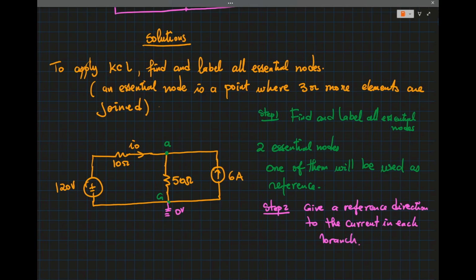We know I0, that's given to us. I'm going to call this I1, and I am going to call this I2.